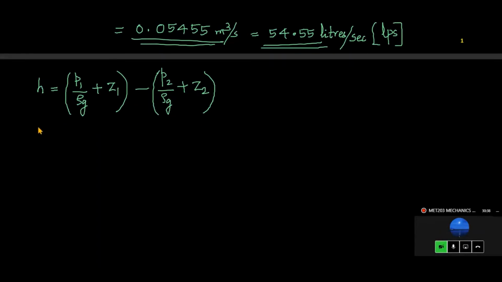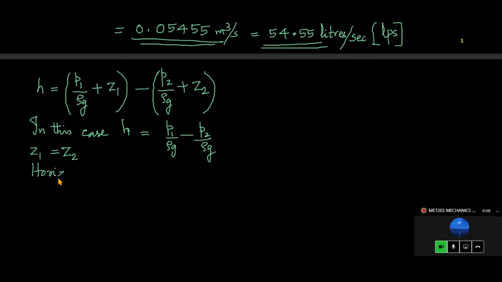In our case, H is equal to P1 by rho g minus P2 by rho g, because Z1 is equal to Z2, since we are talking about a horizontal venturi.